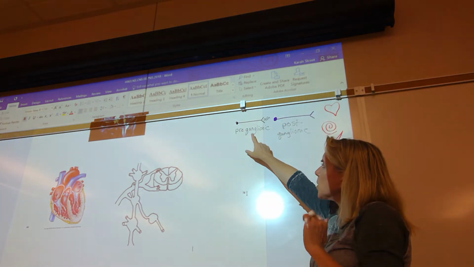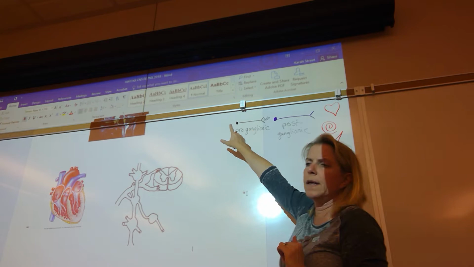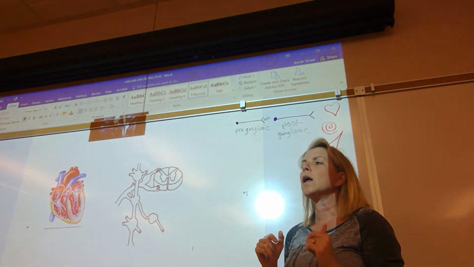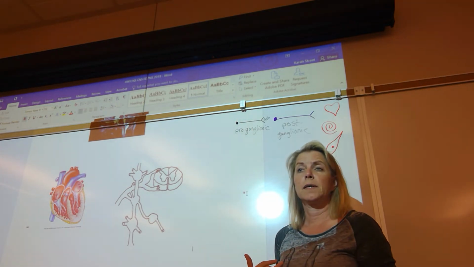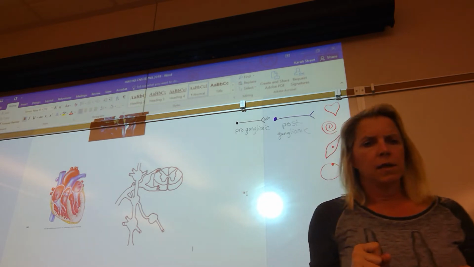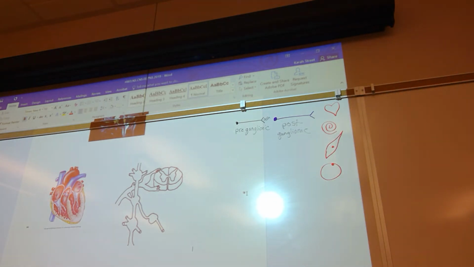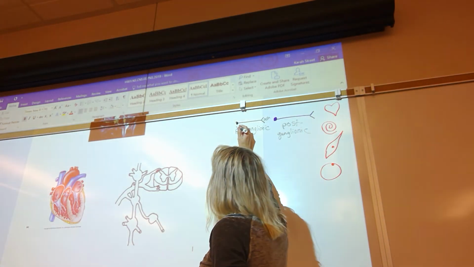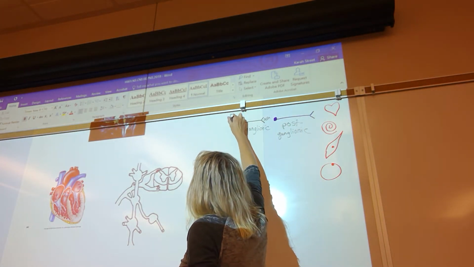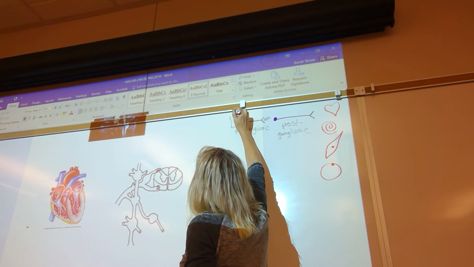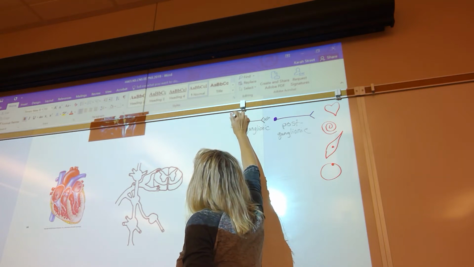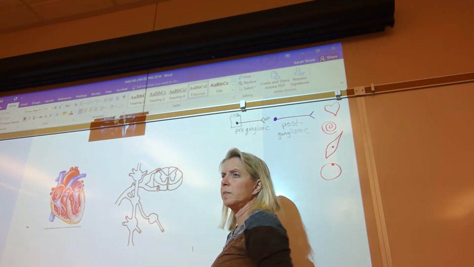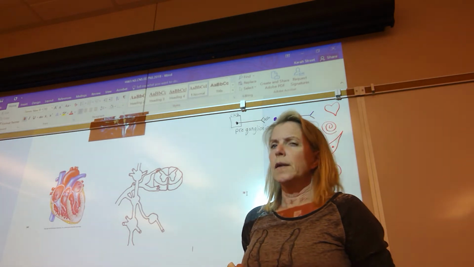So where are these cell bodies? Let's address that. First of all, if you look at my pictures, the preganglionic cell body is always in the central nervous system. Always. That's where we find it.